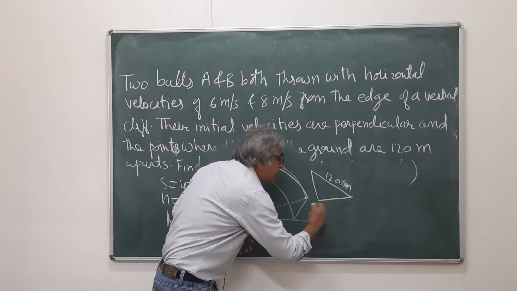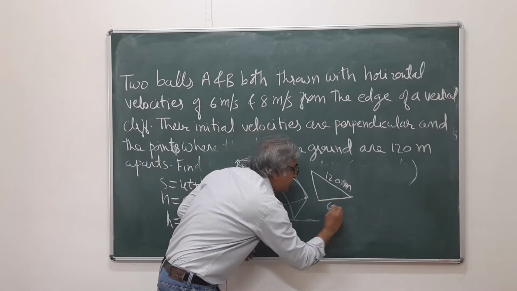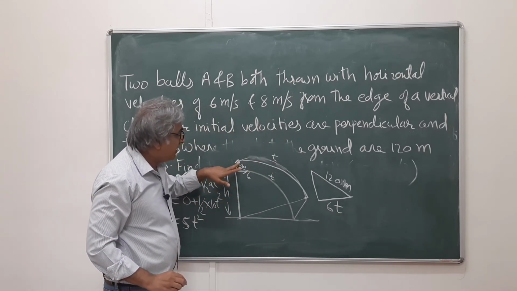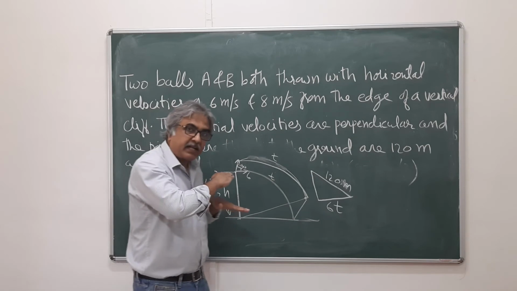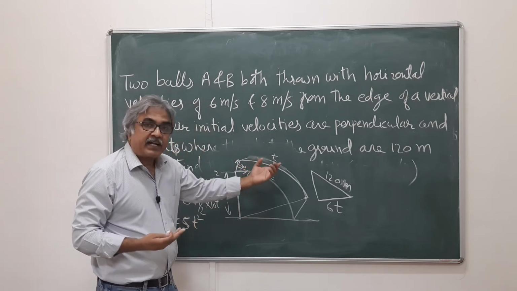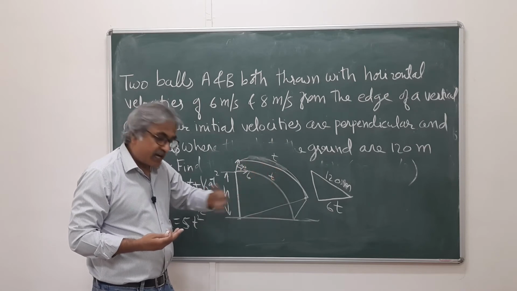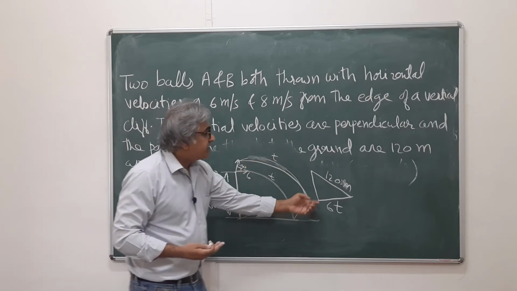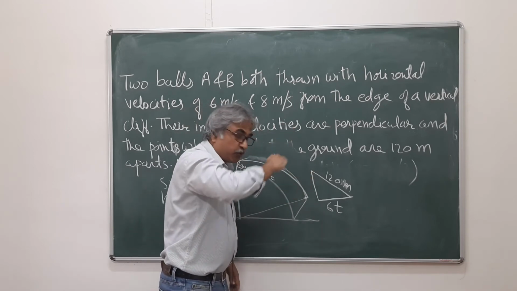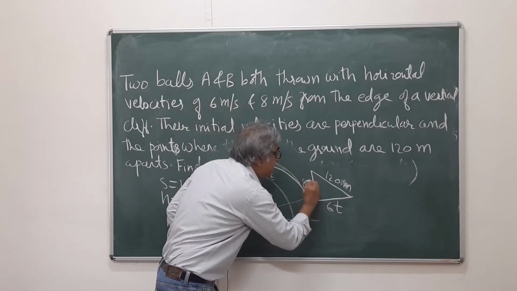Similarly, this ball, which is thrown in a perpendicular direction with velocity 8 meters per second, will also take time t to reach the ground. That means during that time t, it has been displaced horizontally, right? And this is a top view. So this will be 8t.